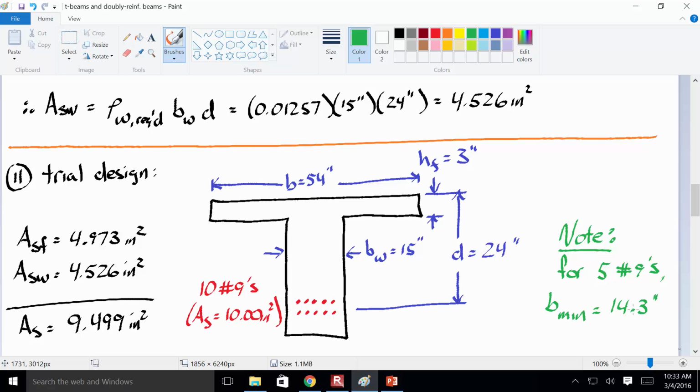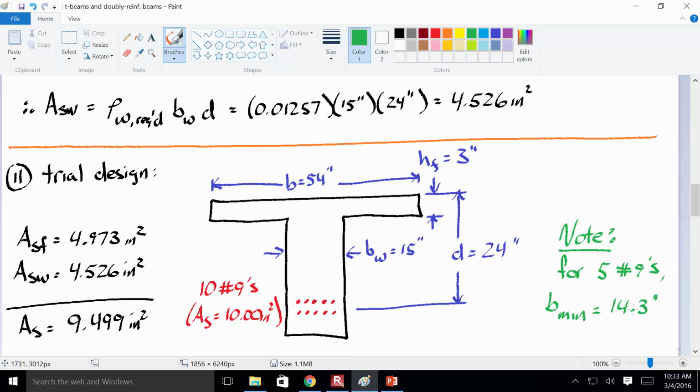So I propose that you need to do a layer of 5 bars and a layer of 5 bars. If you look at the bottom of that beam design chart, for 5 number 9s, the minimum beam width is 14.3 inches. So you can get by with doing that and it will work. Does that make sense?